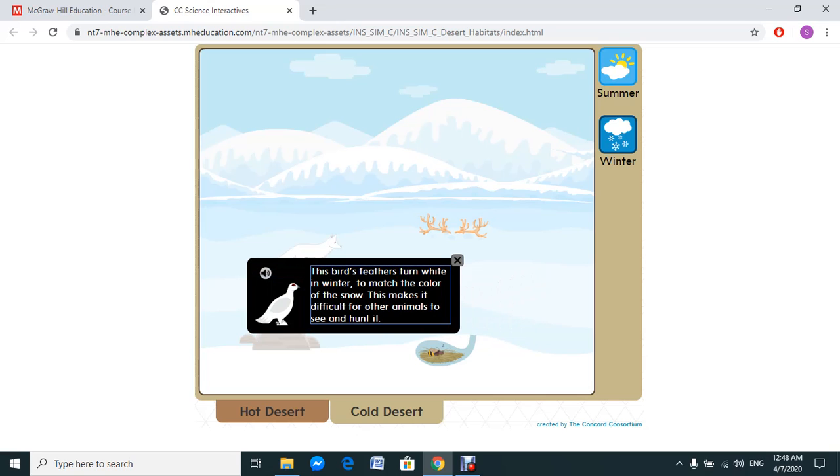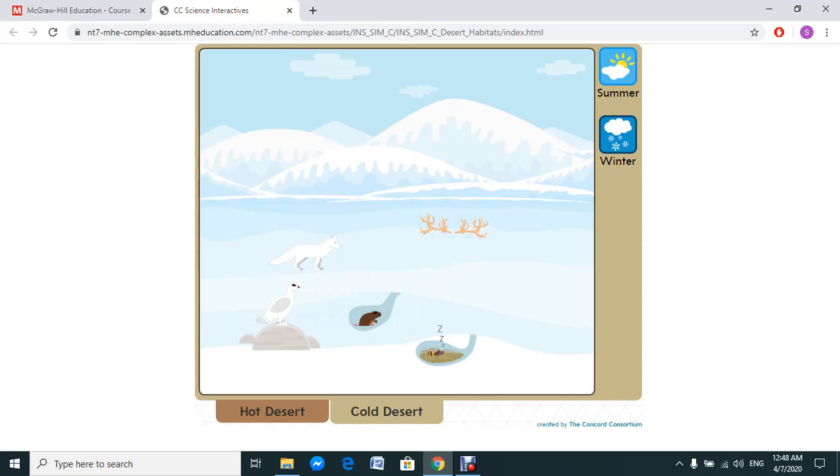Let's see this bird. What did it turn into now? It was brown in summer. Now in winter it is white. Yes, so in summer its feathers turn brown, and in winter it's white, so it can hide all year.